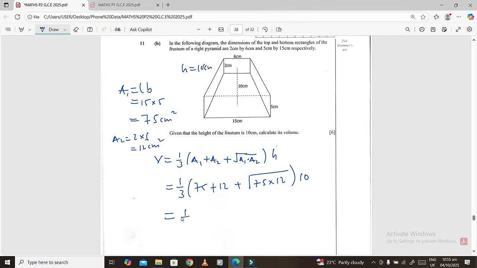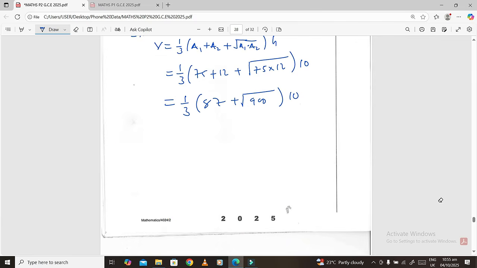So this is 1 over 3, then 75 plus 12, which is 87, plus the square root of 900, because 75 times 12 is 900, times 10.